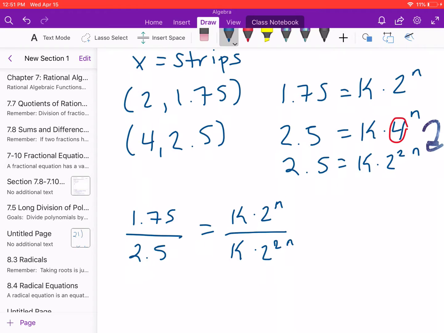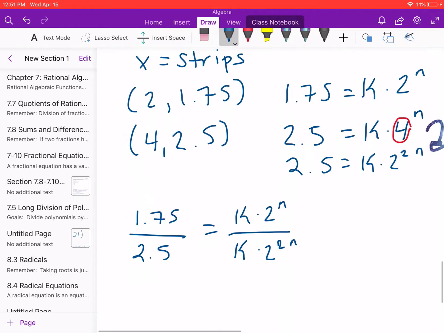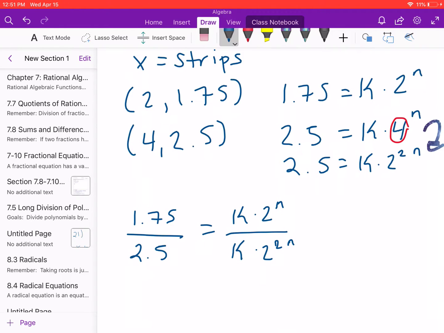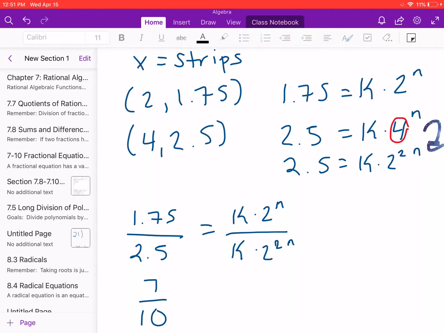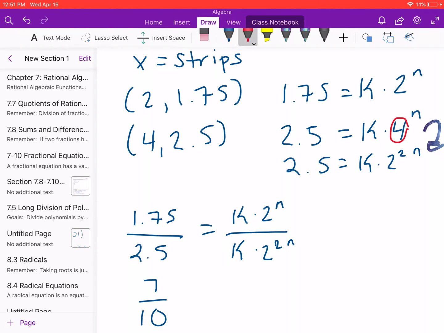So if they vary directly, we can take those 2 equations. If I take 1.75 all over 2.5 and set it equal to k times 2 raised to some unknown power all over k times 2 squared to the unknown power.